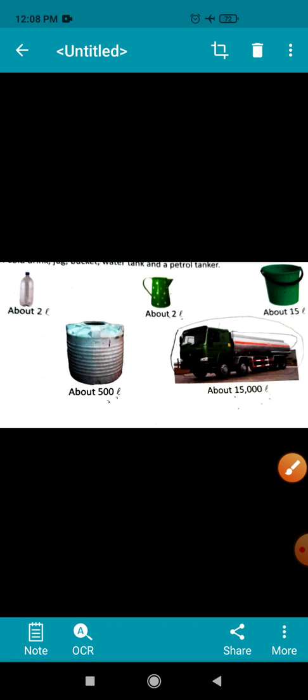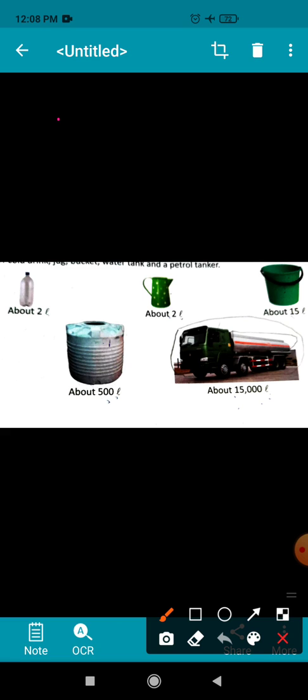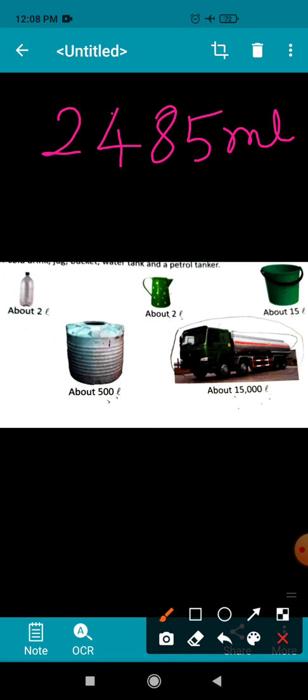Now let us learn how we can convert milliliter to liter. Here is one example, 2485 milliliter, and you want to convert this to liter. Children, what will you do? You will remove 3 digits from your right side.